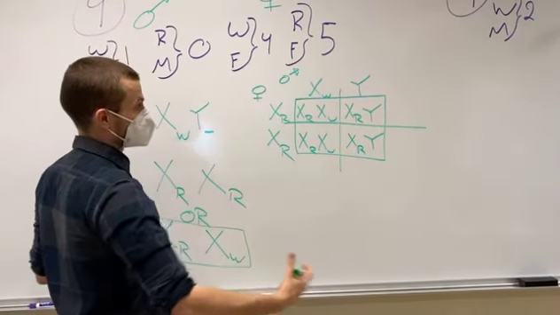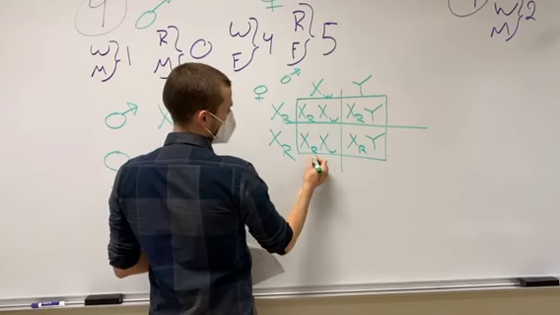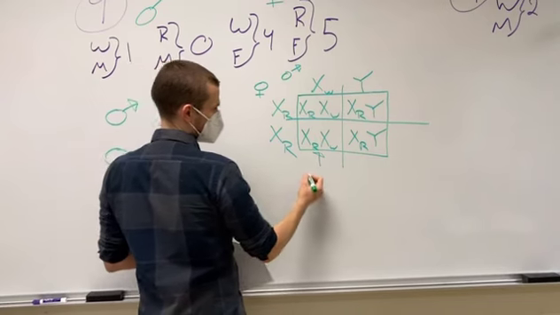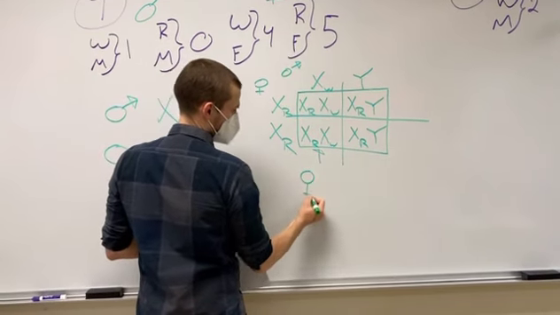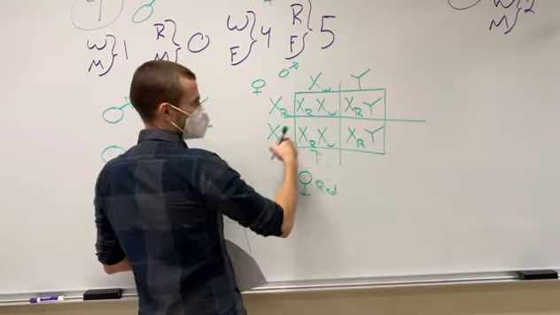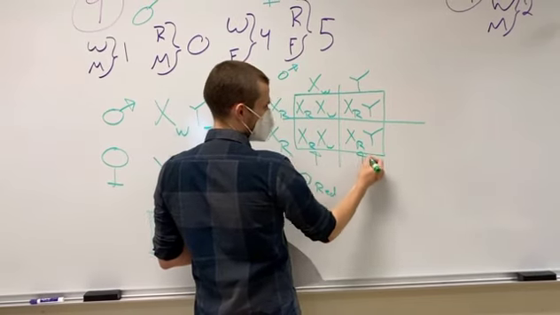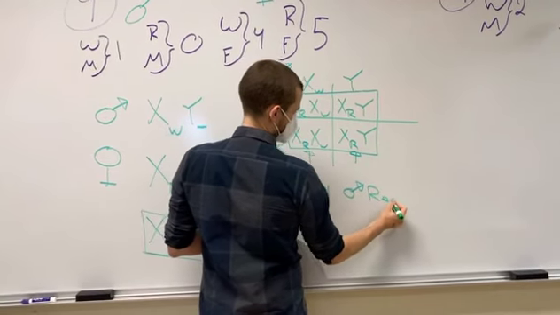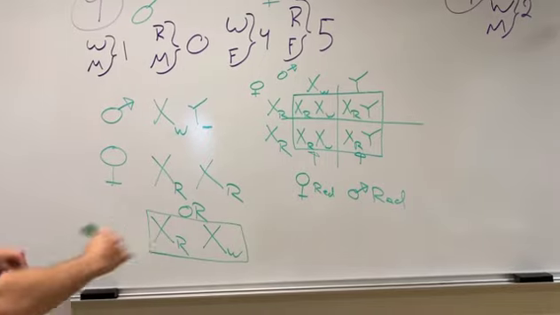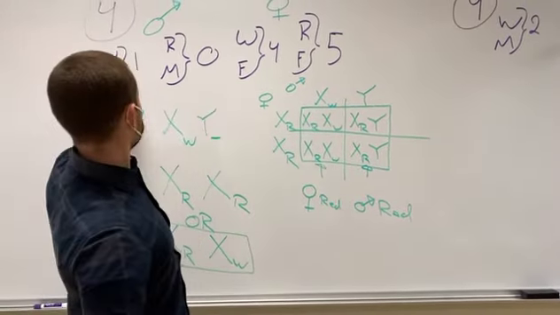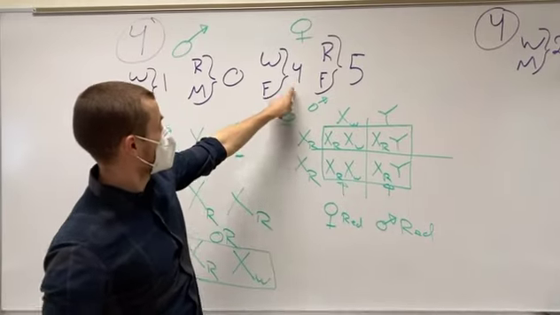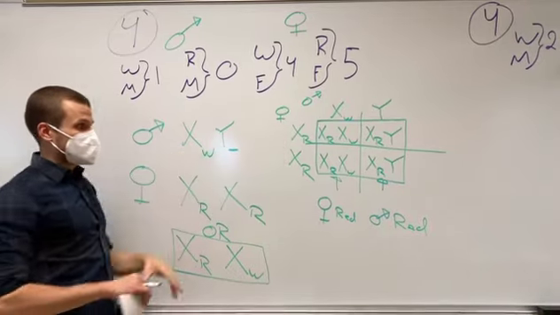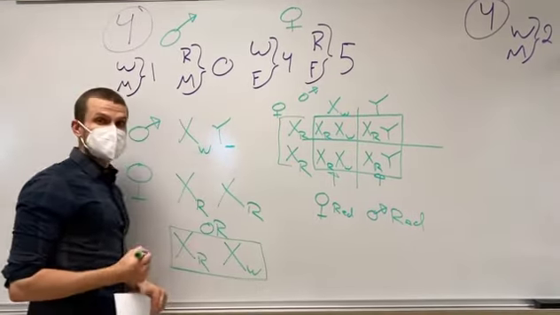What this means, assuming that R is dominant, is that all of the females would have red eyes, and all of the males would also have red eyes. Means we don't see any white eyes. So, do we actually see that in our progeny ratios? No, we're seeing some white-eyed females. So that means it's unlikely that our female is homozygous.